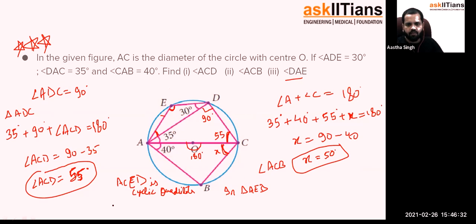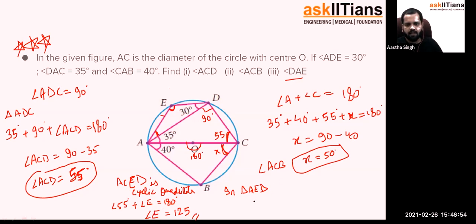So your angle 55 plus angle E will be equal to how much? 180 degrees. So angle E will be equal to 180 minus 55, which is what? 125. Right? You got the value of angle E.